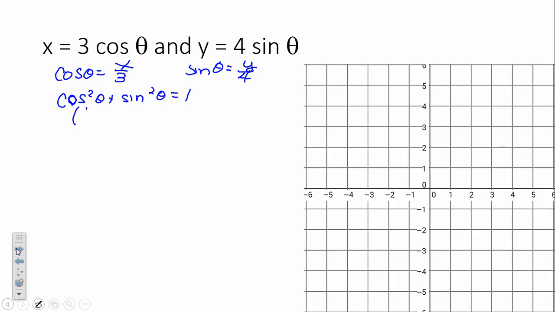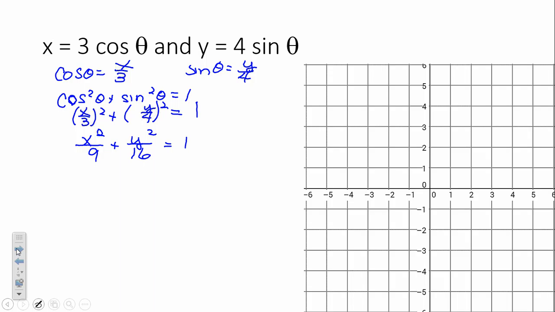So x over 3 squared plus y over 4 squared would be equal to 1. We've eliminated theta. But what is x over 3 quantity squared? x squared over 9, y squared over 16. What does that look like? An ellipse, right?